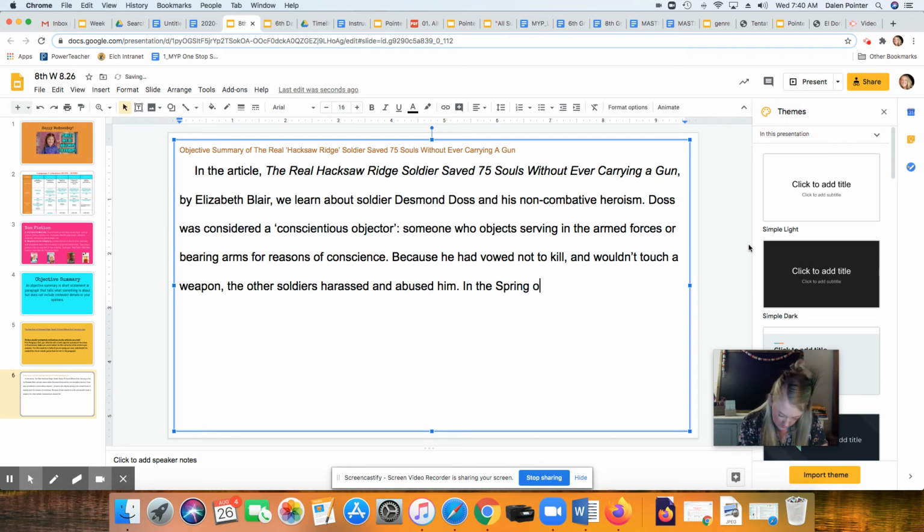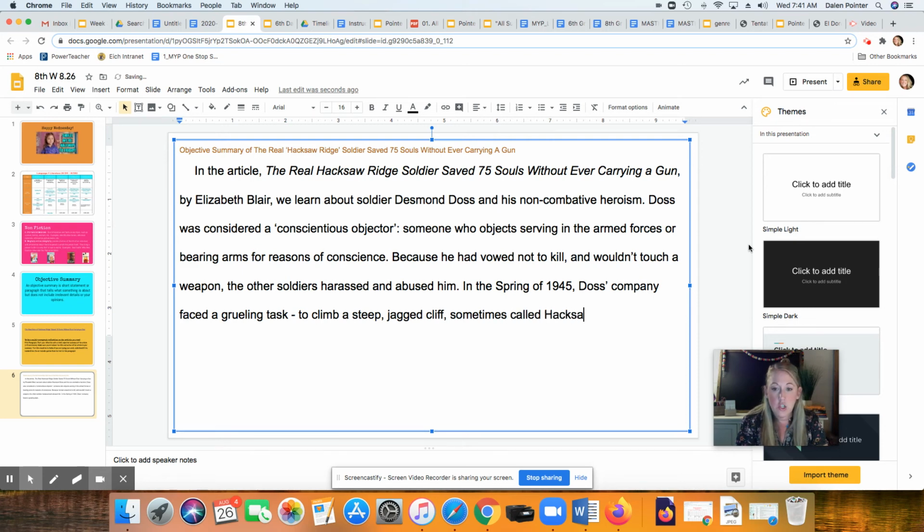In the spring of 1945, Doss's company faced a grueling task, which was to climb a steep, jagged cliff, sometimes called Hacksaw Ridge, to fight the Japanese.